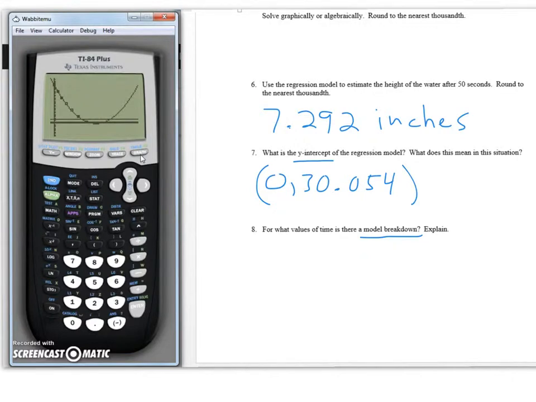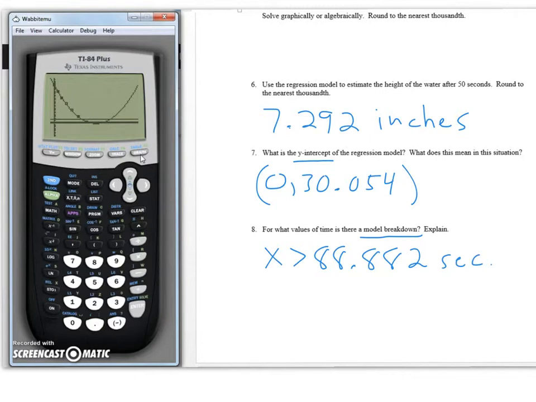And remember, the time when the tank was empty was 88.882 seconds. So since x represents time, if x is greater than 88.882 seconds, the model doesn't really make sense, okay, because the behavior of the graph after x equals 88.882 wouldn't really represent reality in this case.